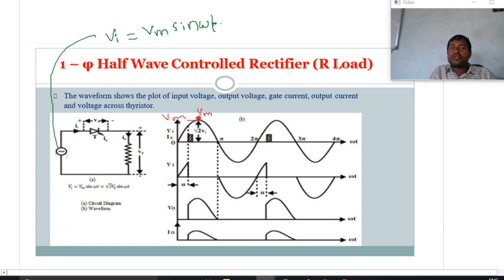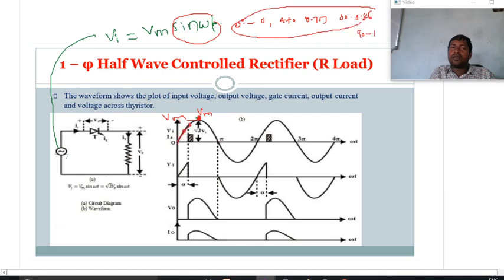Sine 0 degrees is equal to 0, sine 45 is equal to 0.707, sine 60 is equal to 0.866. Like that, these values are changing. Sine 90 is equal to 1. So it changes from 0, 0.707 Vm, 0.866 Vm, to Vm, and then the reverse takes place. That's why this is the waveform.